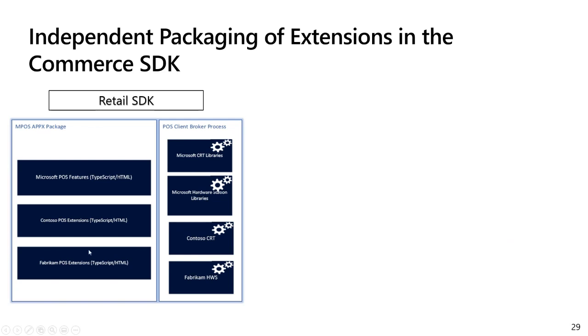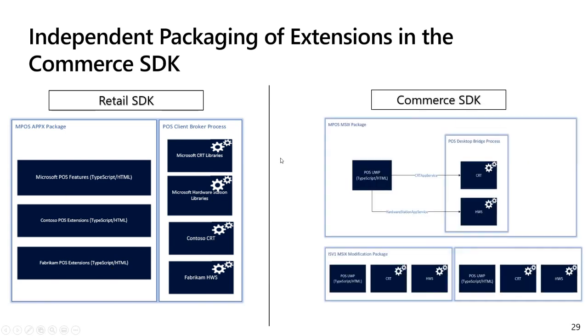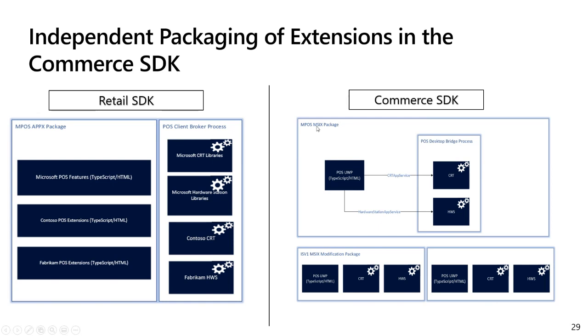That caused issues if we wanted to update any of the Microsoft code or any of the extensions code. It all had to be updated all at once. With the Commerce SDK, we have the Microsoft package up here, and separately we have packages for each ISV or each extension package. All of these boxes can be updated independently of one another.